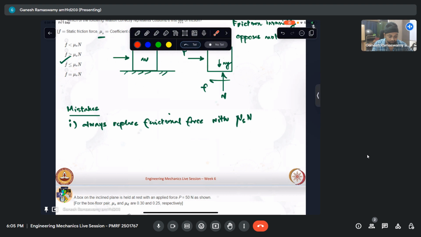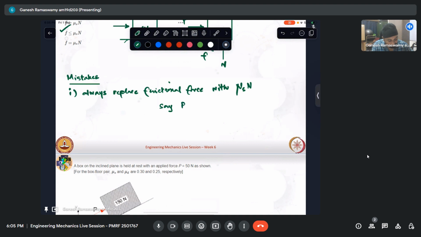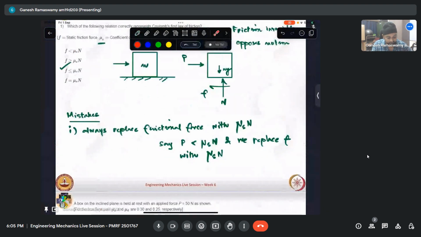Say that the applied force P is less than mu s N, and we replace F with mu s N. What this implies is that this force is greater than what was applied, which implies that the equilibrium gets violated in the opposite direction, which is absurd.